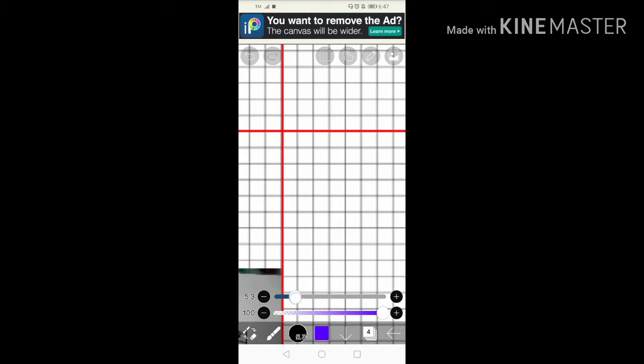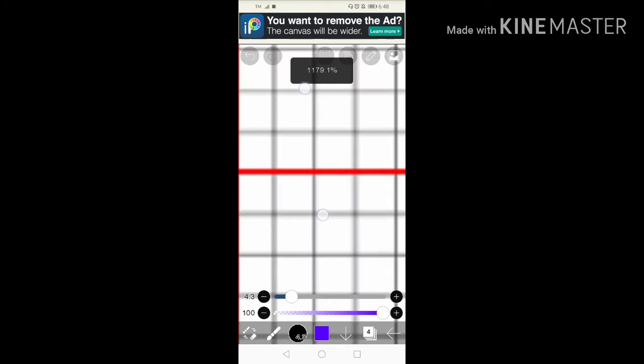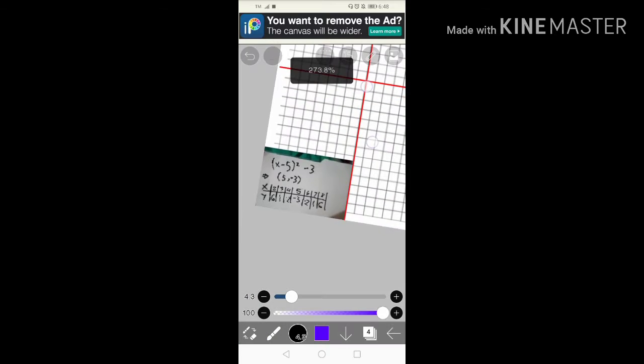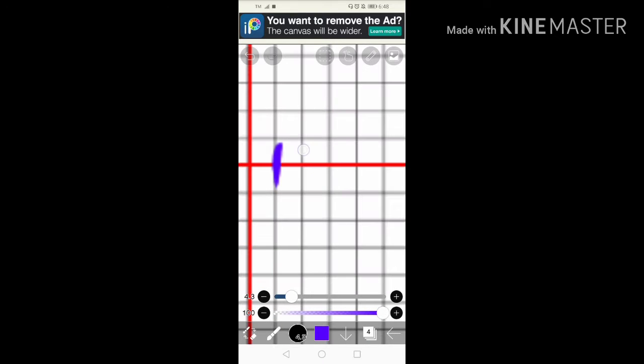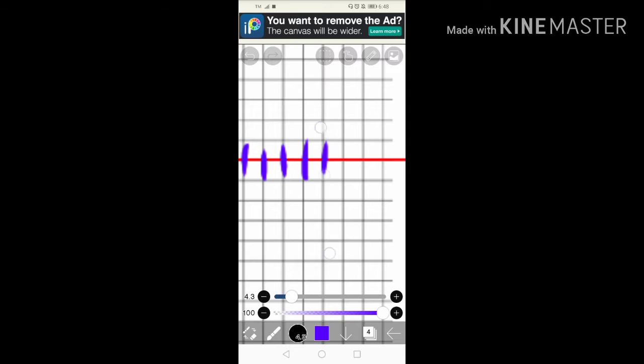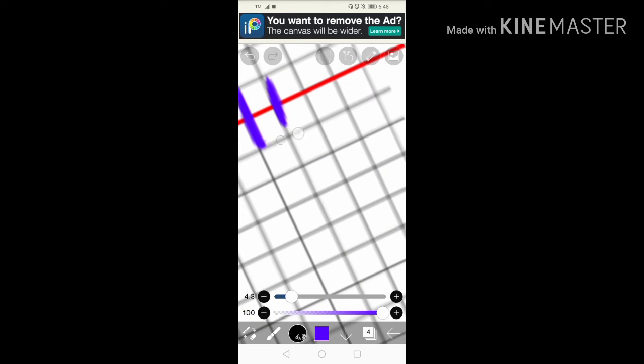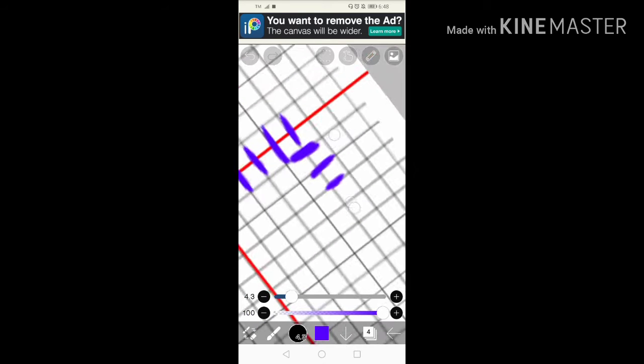Alright guys, and we're going to graph our second equation. So it's going to be 5, negative 3. So 1, 2, 3, 4, 5, and then 3. So 1, 2, 3. So it's going to be right here.